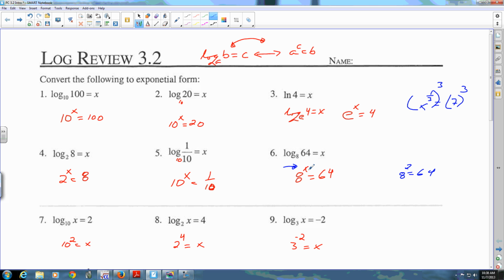When you have a variable as an exponent, the reason the logarithm exists is to get that variable out of the exponent. How do you do it? You translate it. This would be log base 8 of 64 is x. Notice it's solved for x. It took the variable out of the exponent and solved for it.